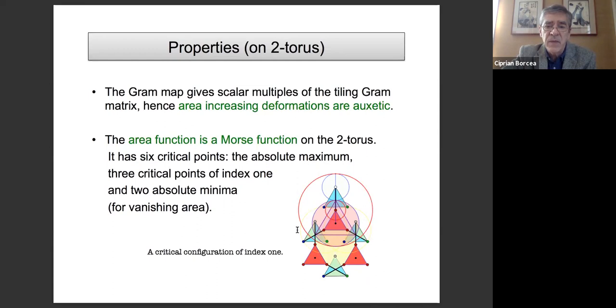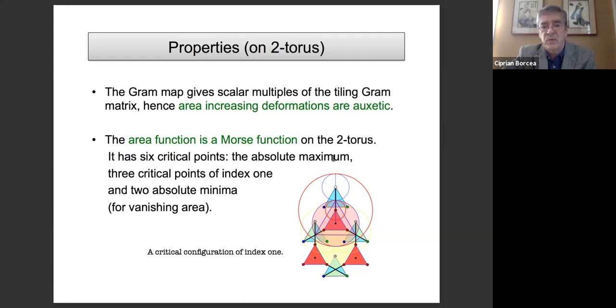And these mandalas that you saw in a few of my slides are produced to illustrate the critical points. And there are 6 critical points.